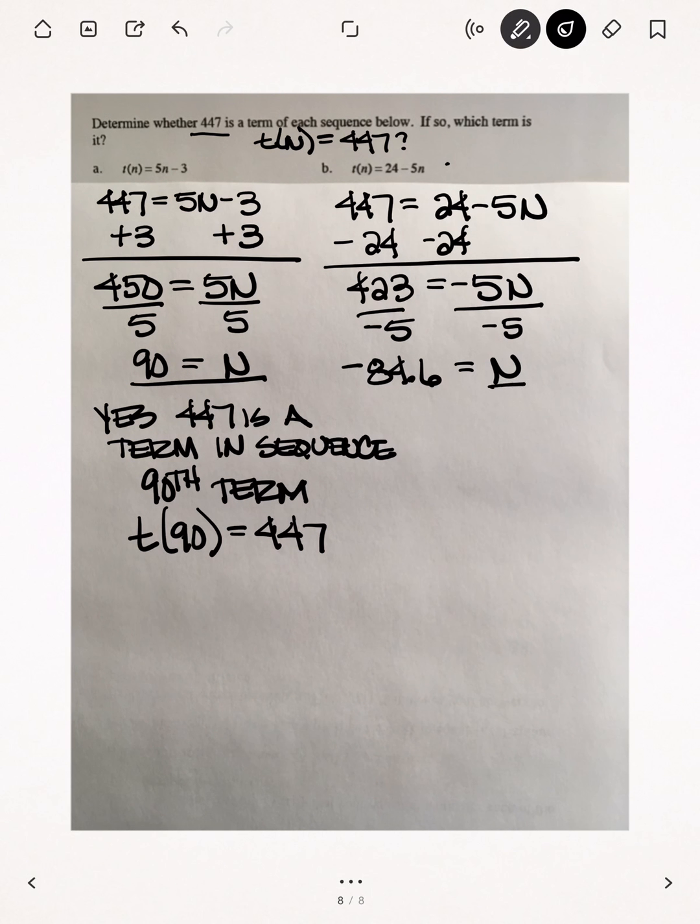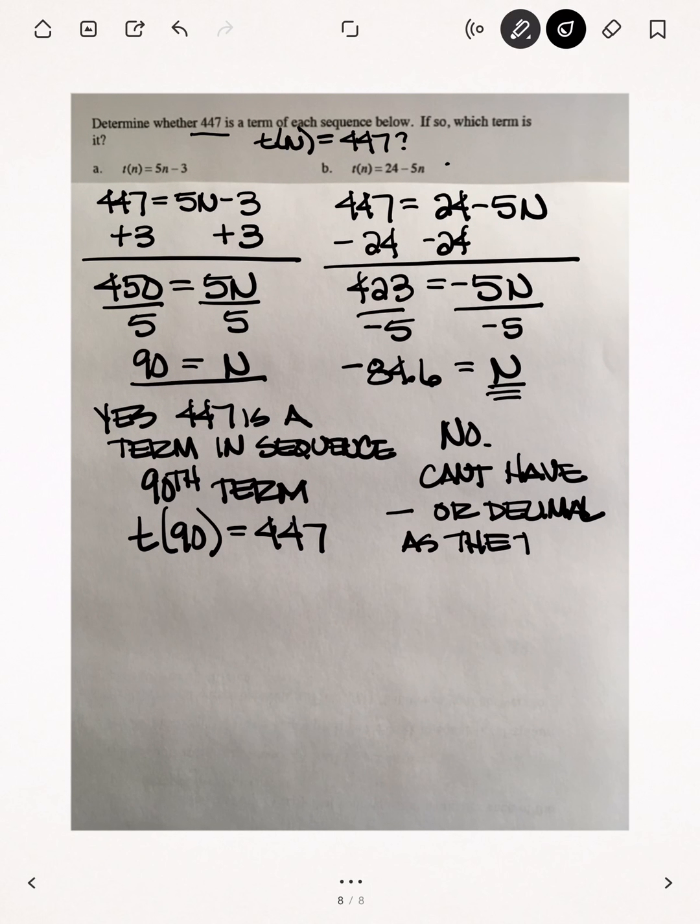Can you have, in the n column of a sequence, a negative number or a decimal? The answer would be no. You can't have a negative or a decimal as the term number.